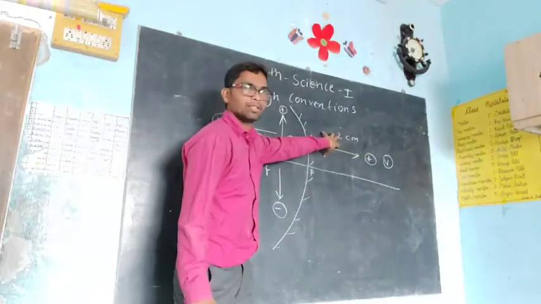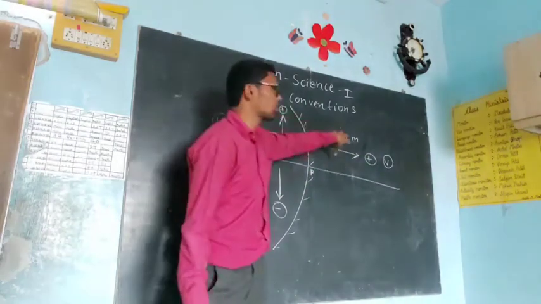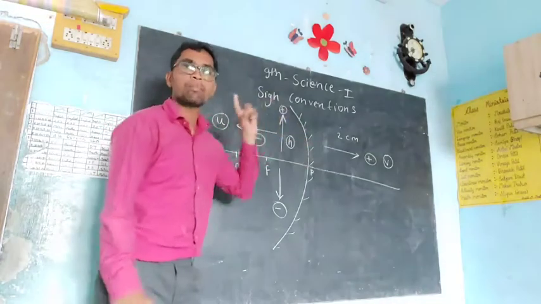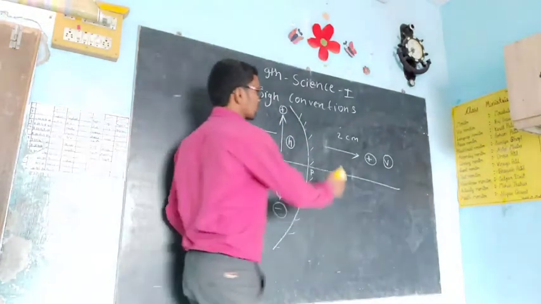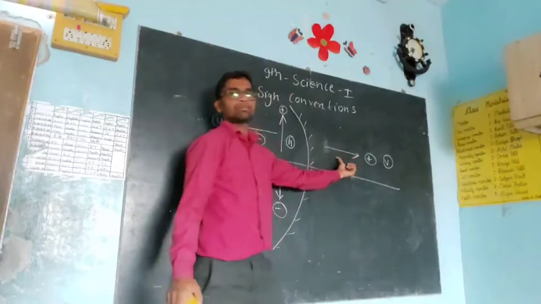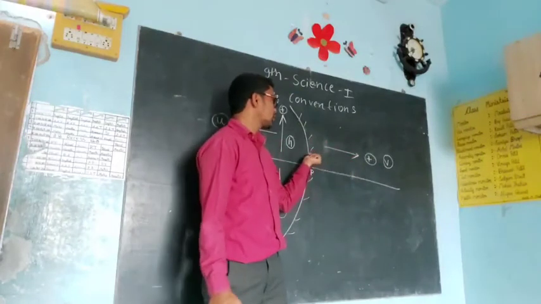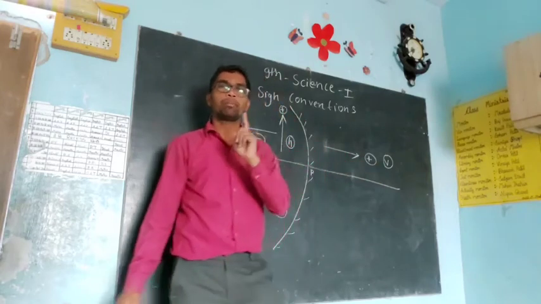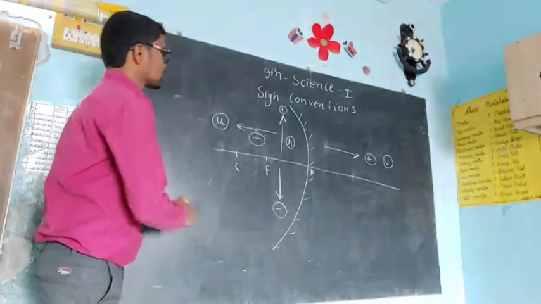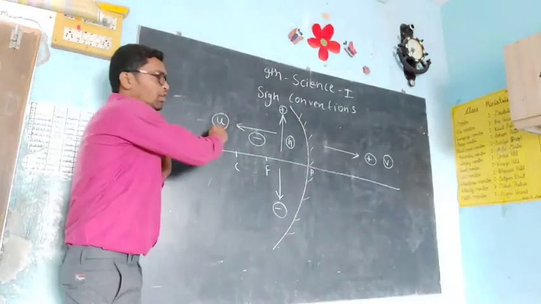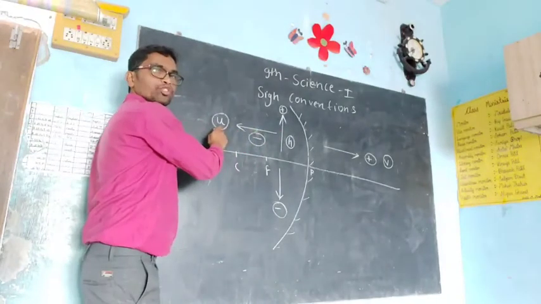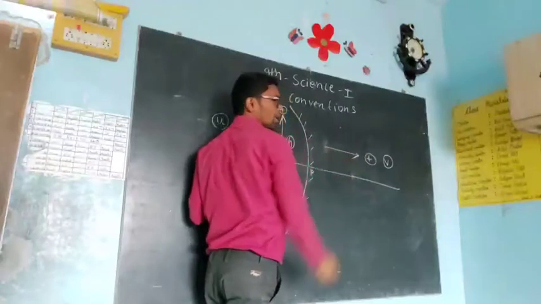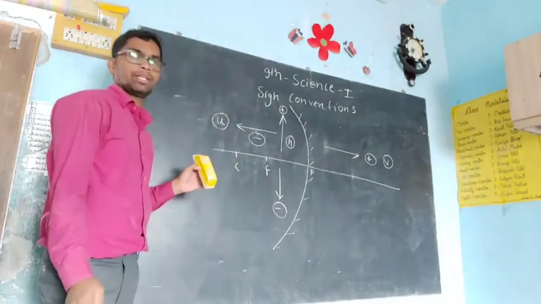We are talking about these two blocks. If your object is here, the distance between object and mirror will come negative. And if your image is in this block, the distance between mirror and your image will come positive. Keep in mind. The distance between object and mirror we call small u, and the distance between image and mirror we call small v.